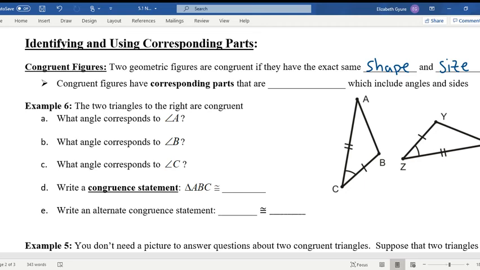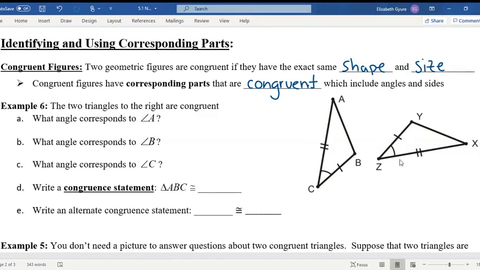Congruent figures have corresponding parts that are congruent, which include angles and sides. So if two shapes are congruent, all their corresponding angles end up being congruent, and all their corresponding sides end up being congruent.